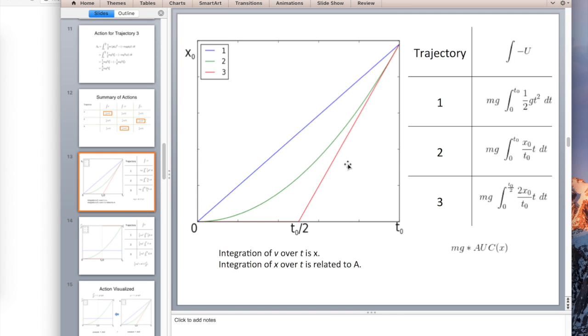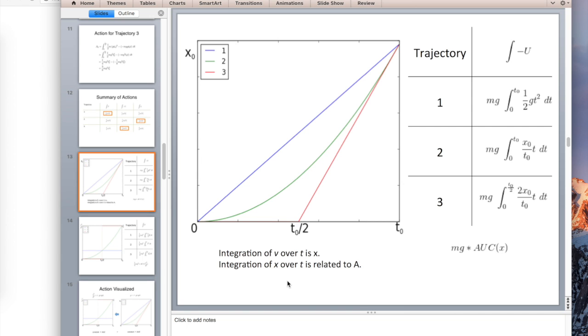The areas under the curves of different trajectories are proportional to the negative potential energy term of their actions. So by solely comparing the area under the curve, we can easily tell that the third trajectory has the smallest negative potential energy term of its action, while the first trajectory has the largest, and the second trajectory has a term in between.